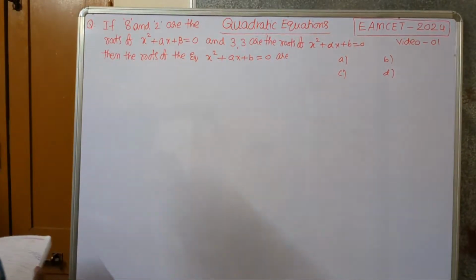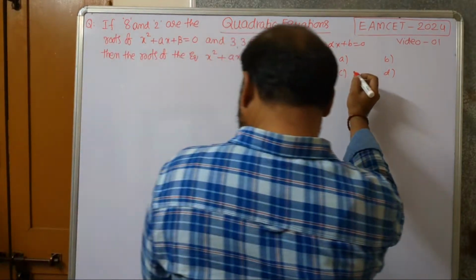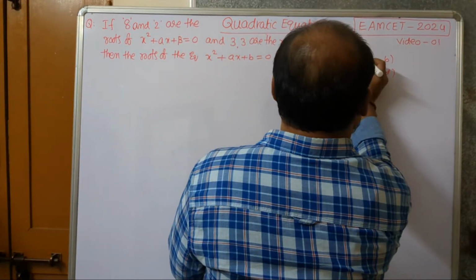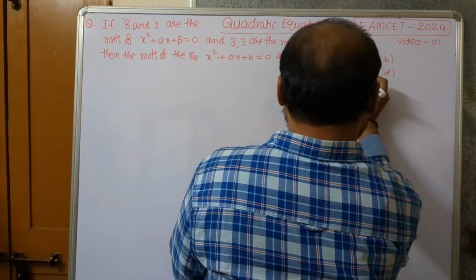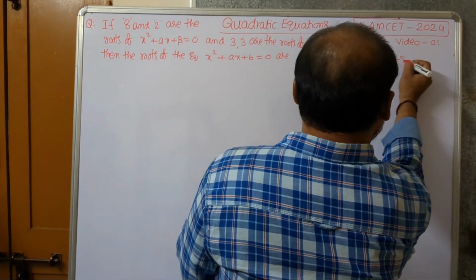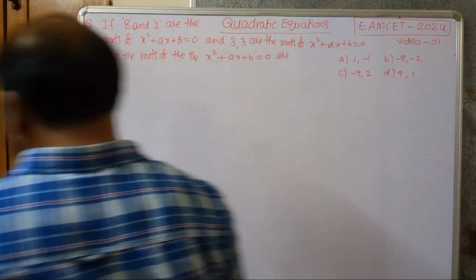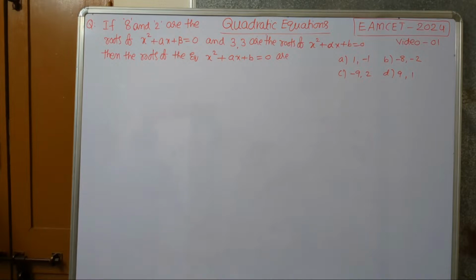So the options: 1 comma minus 1, minus 9 comma 2, minus 8 minus 2, 9 comma 1. Options, dear students.